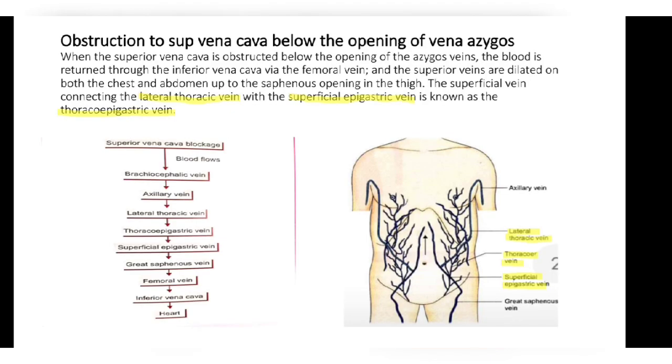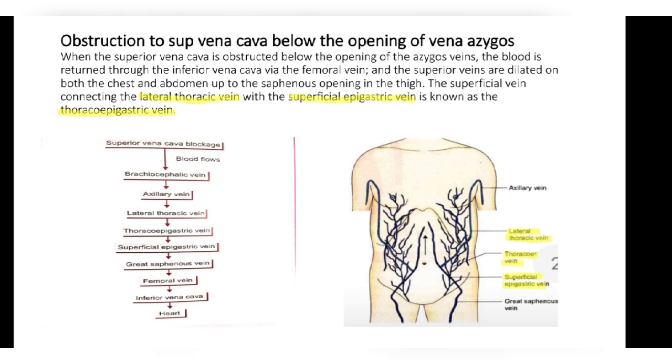When this situation occurs, the blood is returned through the inferior vena cava via the femoral vein, and the superficial veins are dilated on both the chest and abdomen up to the saphenous opening in the thigh. The superficial vein connecting the lateral thoracic vein with the superficial epigastric vein is known as thoracoepigastric vein.